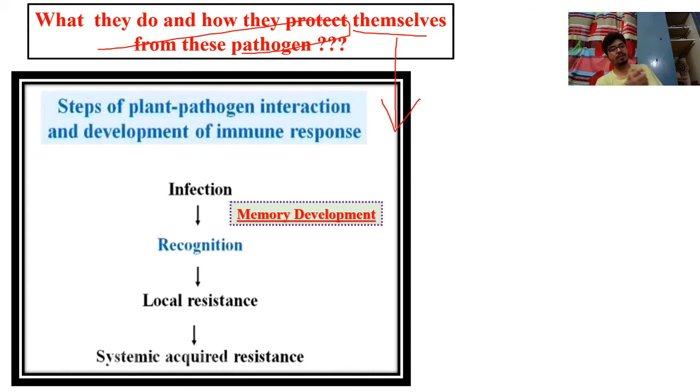So systemic acquired resistance is a very specific type of resistance, acquired resistance. Systemic means in the whole plant, and local resistance means in a particular region of the plant. I will discuss local resistance and systemic acquired resistance, but try to note down these steps.